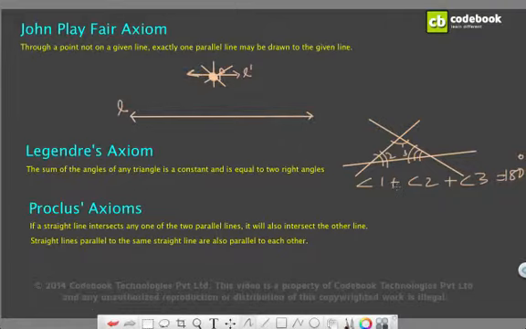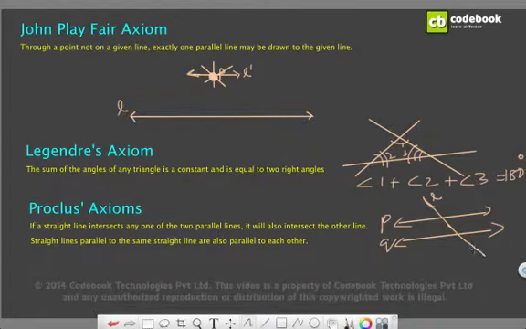Proclus came up with two other axioms which are as follows. If a straight line intersects any one of two parallel lines, it will also intersect the other line. So consider two parallel lines P and Q. If there is a line L which is intersecting P, it will also intersect Q if you extend it. That's Proclus' first axiom.